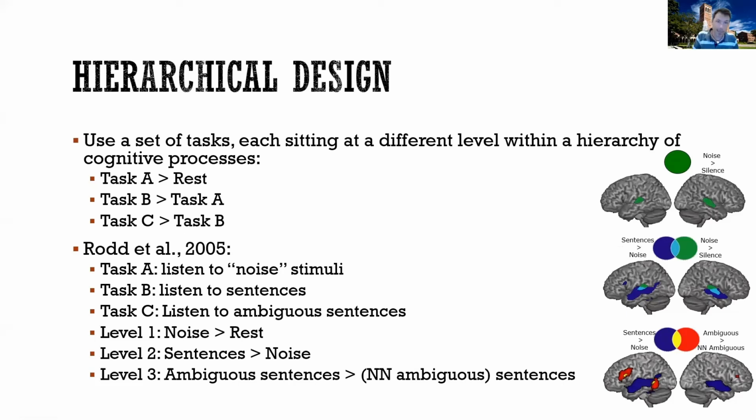Here's what listening to sentences is compared to listening to noises. So when you add that extra step of listening to something that is meaningful, how does that change your brain activation with respect to just noise? And then if the meaningful thing on top of it has ambiguity in it, how does that change the activation in the brain compared to meanings that don't have ambiguity? So the beauty of this is you can build through this cognitive hierarchy and try to understand what is special about each additional step.